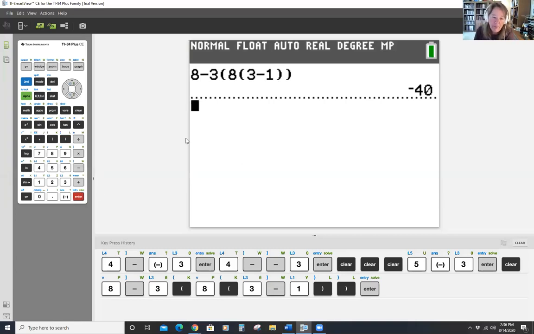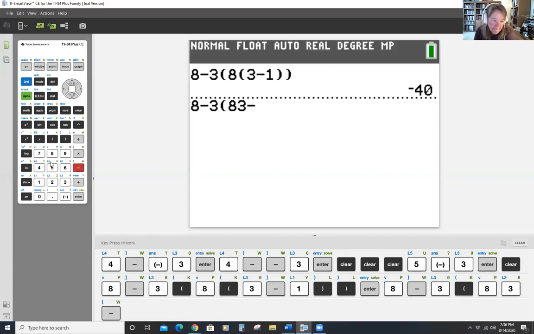Let's suppose we had missed one of these parentheses when we were typing it in. I want you to type it in, but skip the parentheses that's between the 8 and the 3. So we're going to have 8 minus 3, and I'm going to miss that other parentheses. You'll notice we have 1 open parentheses and 2 closed parentheses.